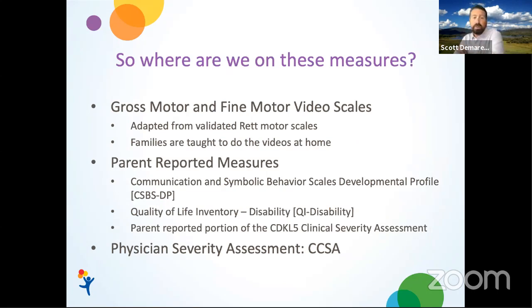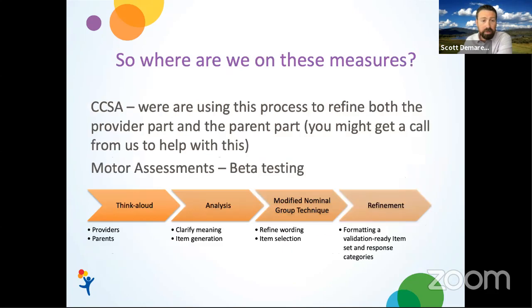So where are we on the measures that we proposed? All these different things I mentioned before, we are in this phase for most of them. Some of them we've actually gone to some larger collection of data sets like the QI disability. For the CCSA specifically, we're in the process of starting interviews with families.